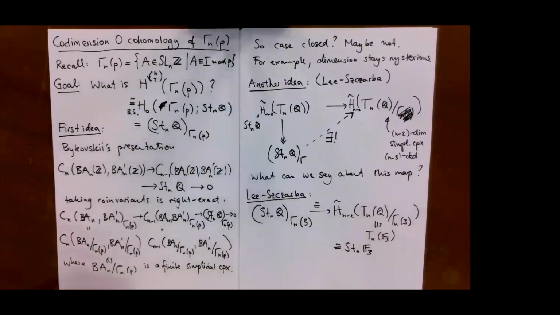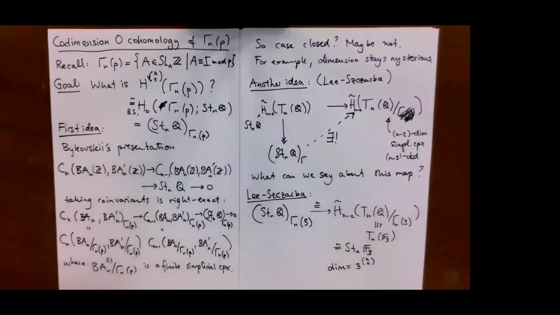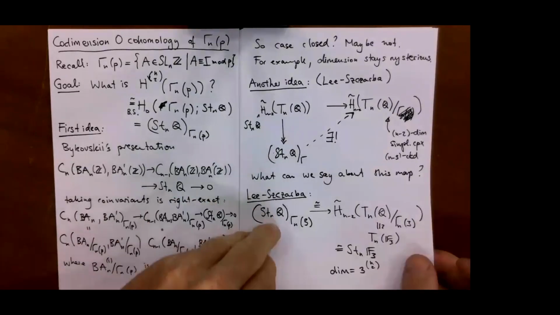So this has dimension 3 to the n choose 2. That's something we know about Steinberg. And they ask, hey, is this an isomorphism for all p? Is this an isomorphism maybe for all gamma?